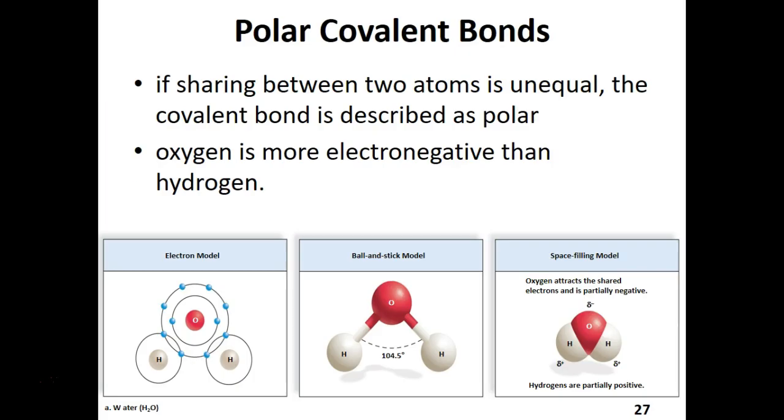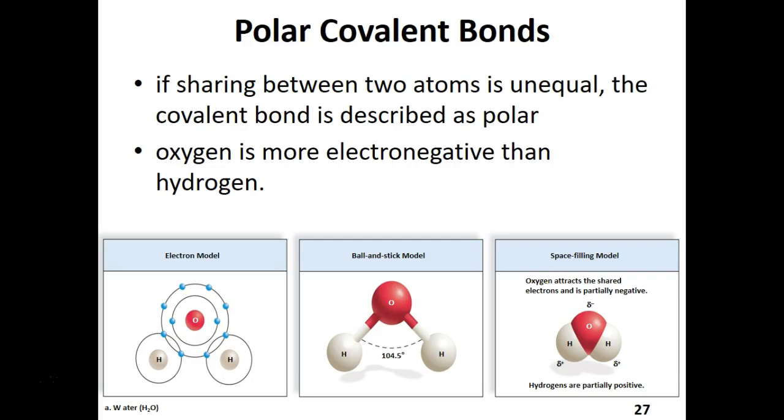If we have unequal sharing of electrons, this is called a polar covalent bond. And so the reason we have unequal sharing of electrons is because one atom typically has more of a pull for the electron. So opposites attract. If we have something that is positively charged, or I should say more positively charged than something else, the negatively charged particles are going to go towards that stronger positive charge.